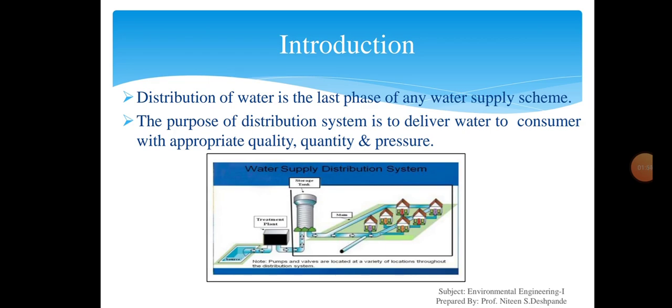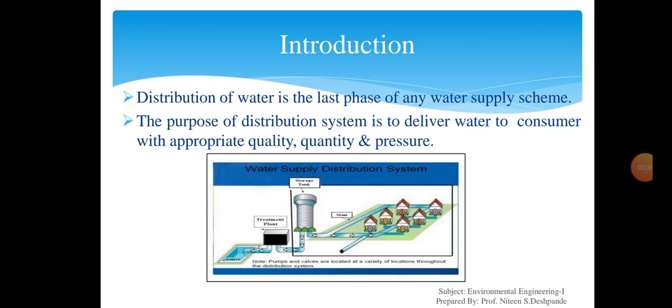Basically this distribution system consists of the network of pipes comprising mains or large diameter pipes, then sub-mains, then branch pipes, and lastly the feeder pipes or the lateral pipes. Apart from the network pipes, the distribution system has valves for controlling the flow in the pipes, different types of valves, then fire hydrants, service connections, water meters, distribution reservoir or service reservoir, and the pumps.